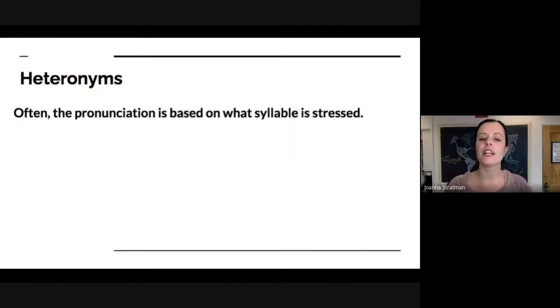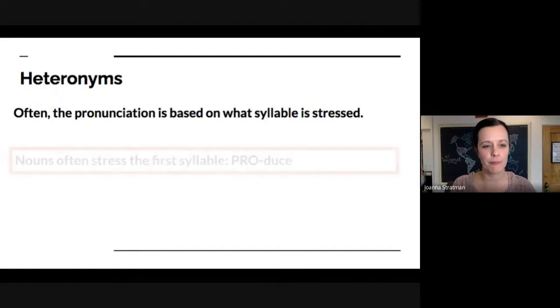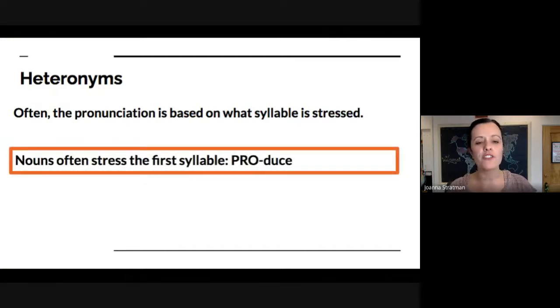Often, the pronunciation is based on what syllable is stressed. This is not always the case, but maybe it will help you with other words in the future. Nouns often stress the first syllable, produce, produce.